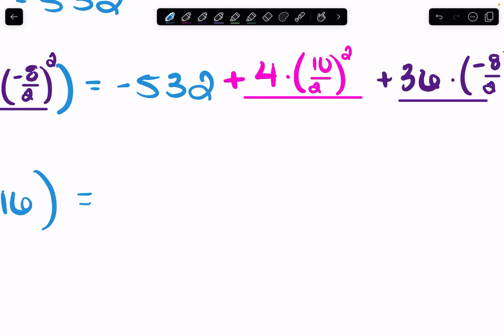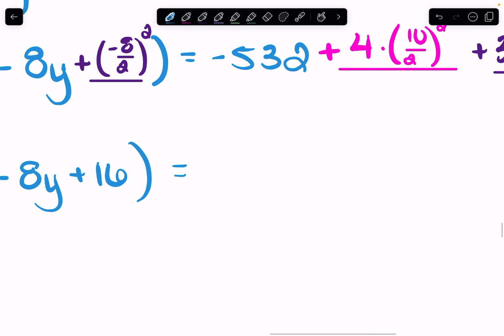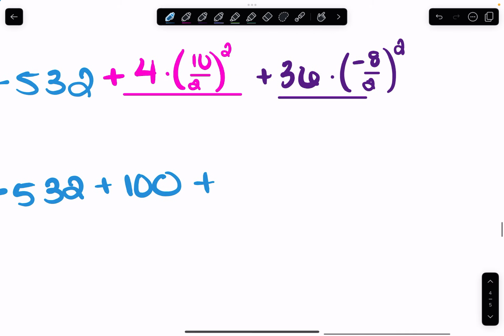So we know the 10 over 2 squared is going to be 25 times 4, that's 100. And then we've got the negative 8 over 2, 4 squared, 16. So 16 times 36, 576. I'll do the math on the next line. So we've got our negative 532 plus the 100 plus the 576.